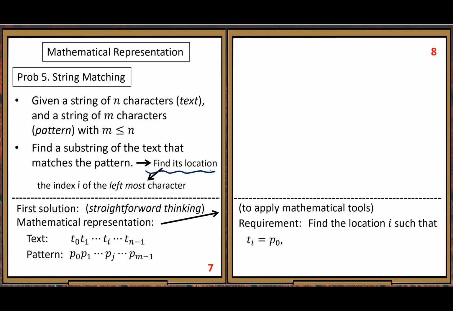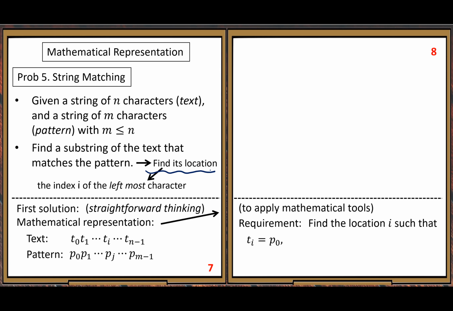I such that T sub I equals P sub 0. P, the first character in the pattern, matches the substring whose first character is at location I.